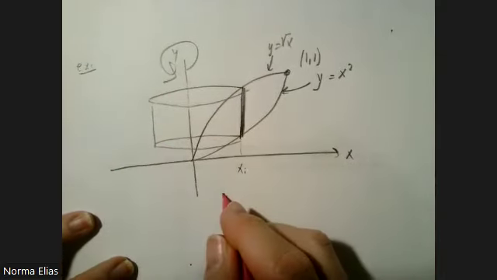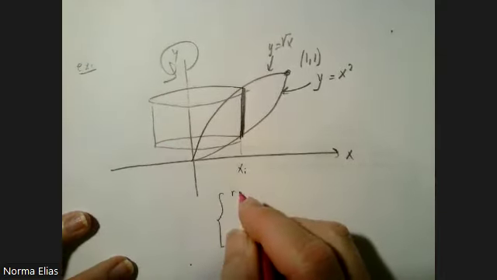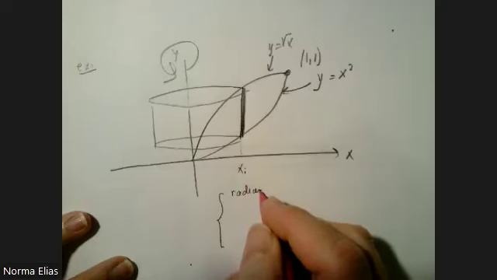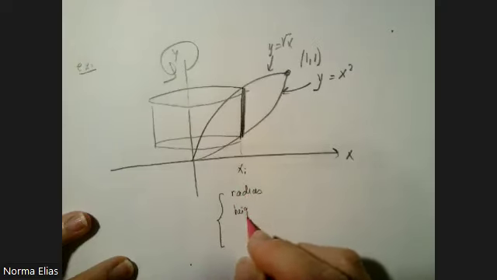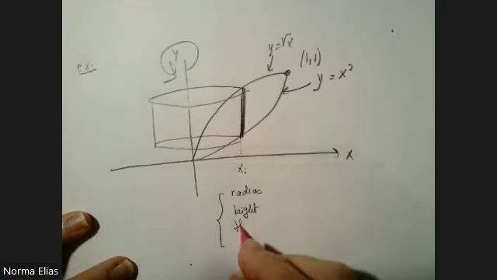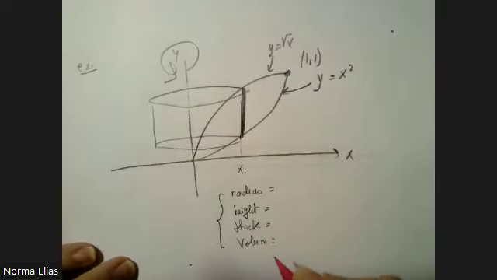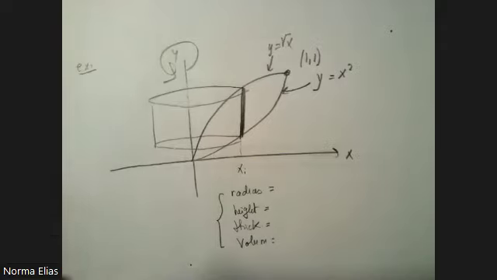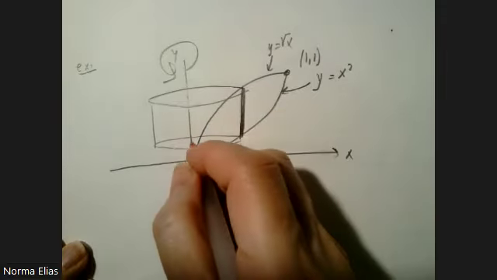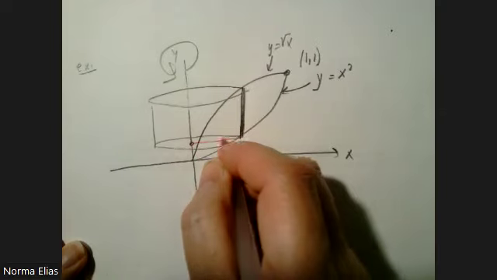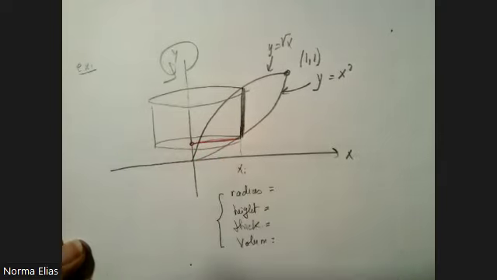Now tell me the radius, give me the height, the thickness, and the volume. Of course, we're going to label everything, and then we're done. This is my shell. The radius is from here all the way to here. That's the piece we're struggling with.